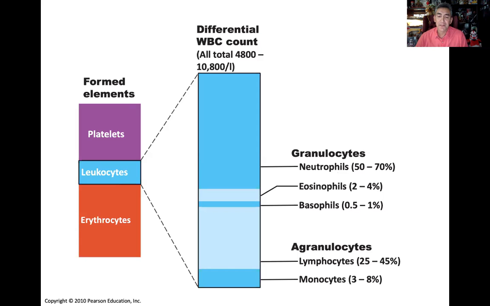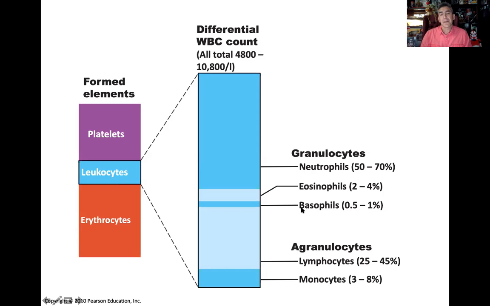There's a mnemonic acronym that's used often: never let monkeys eat bananas. I think they like bananas, but apparently you're never supposed to let monkeys eat bananas. That stands for never, neutrophils; let, lymphocytes; monkeys, monocytes; eat, eosinophils; and bananas, basophils.